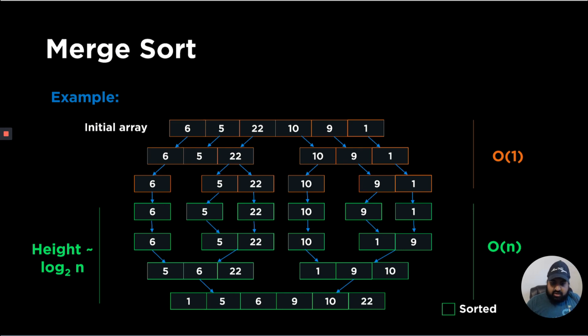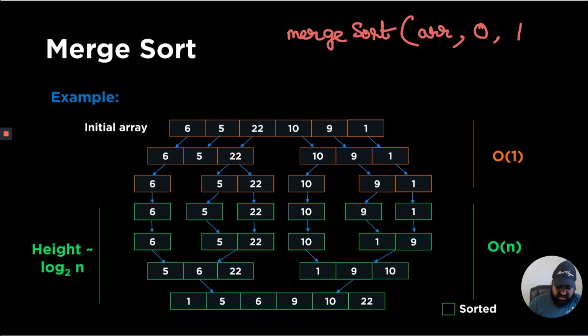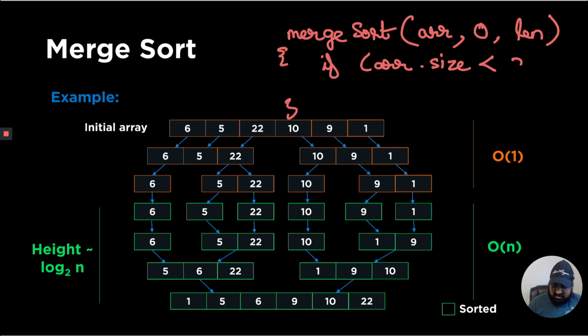So when we are breaking down our problem by calling the divide step, what we are basically doing is calling merge sort, which is the name of the function, on our array from 0 to length. That should be our initial call to the merge sort function. In this function, we are going to check if our array size is less than 2, because if it is less than 2 we don't have to do anything, as the list is already sorted.